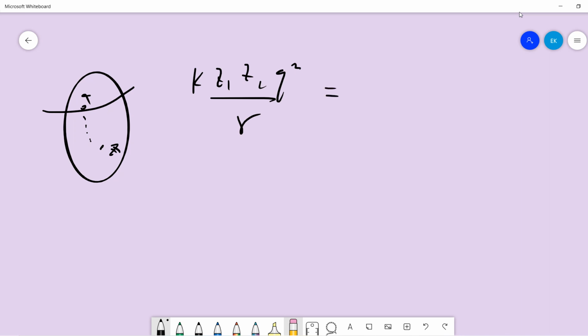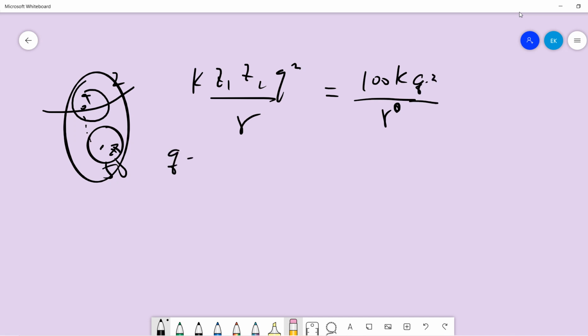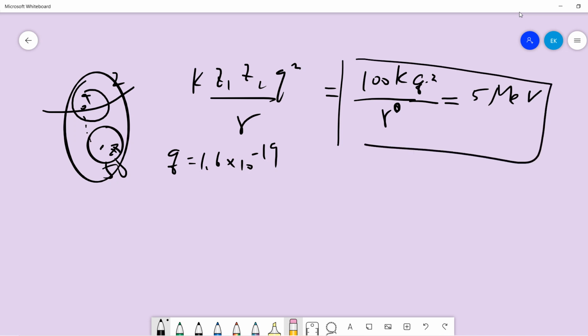What we have is, this is 50, this is 2, so we have k times 100 times e squared divided by R. And e is just 1.6 times 10 to the negative 19. So basically this will be the kinetic energy, 5 MeV. So we can use this to solve for R.